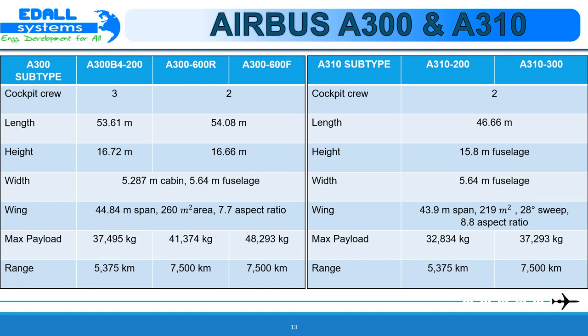The seats can be removed and the cargo placed on the main deck. Another variant, A310-200F, is the freight version of A310-200, available as a new build or as a conversion of existing wide-bodied aircraft. The A310-200 freighter can carry 39 tons of freight for 5,950 kilometers.